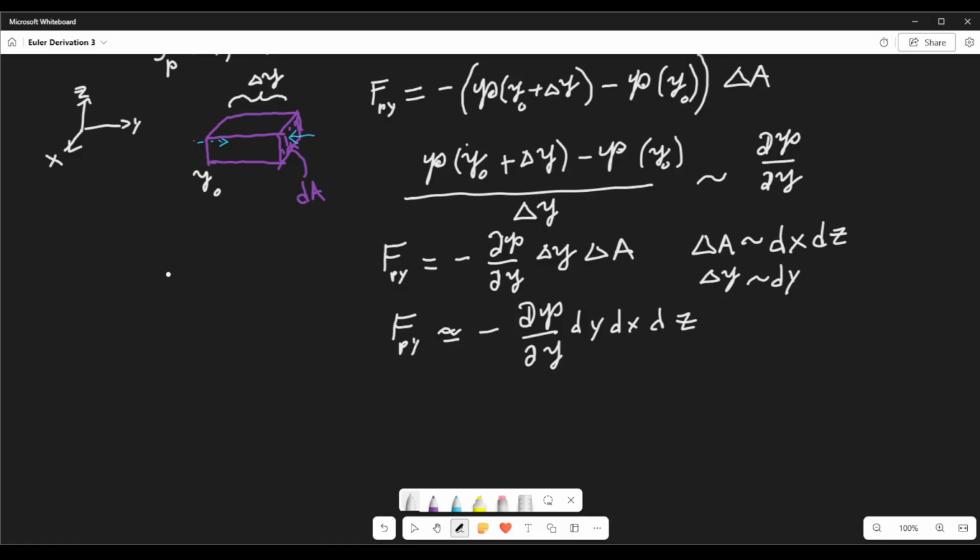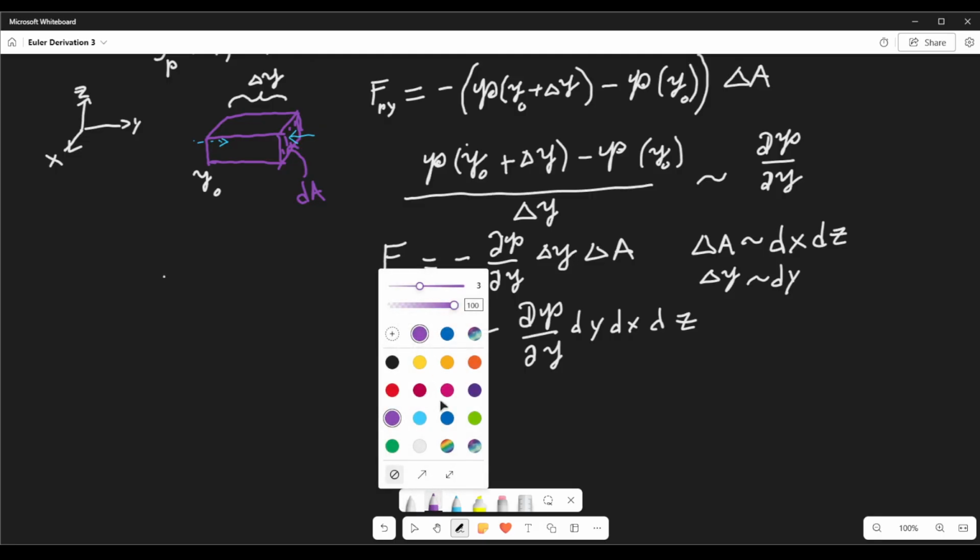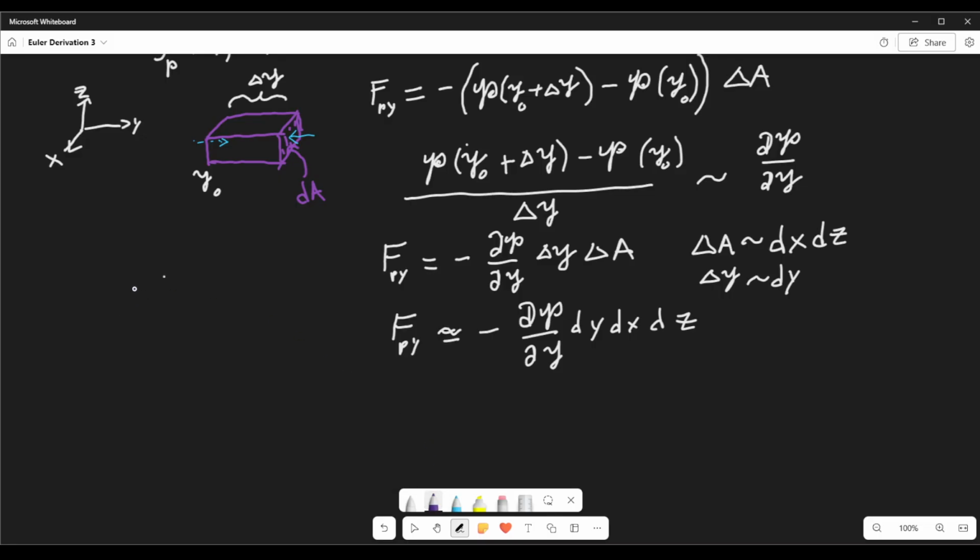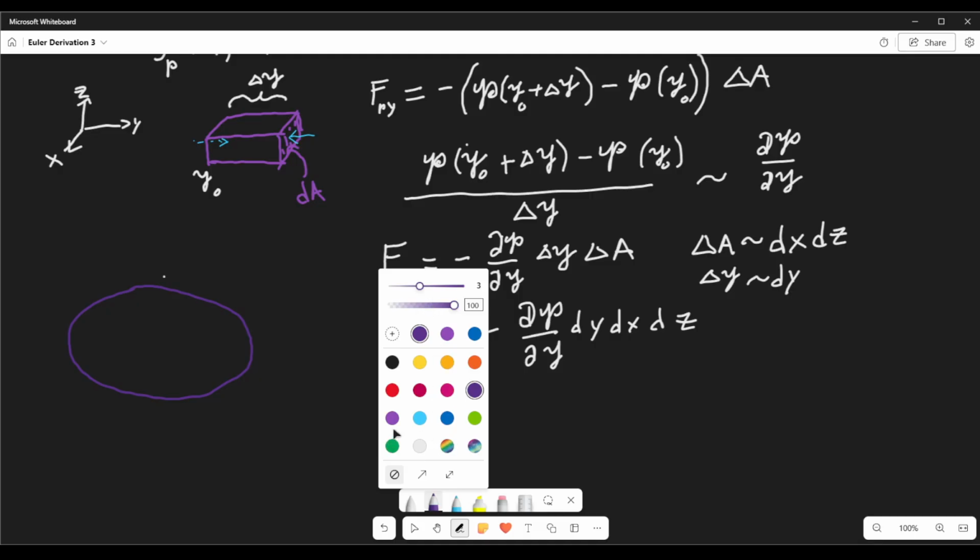So we basically take an element in space. So this is a big element. And then basically look at this.